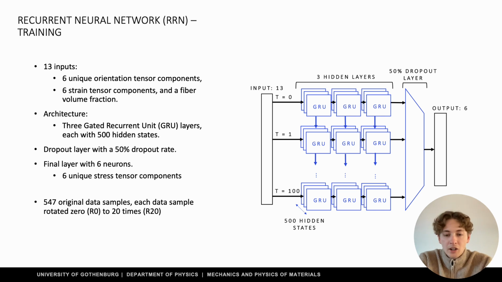Thereby our dataset is expanded 20 times, since each rotation is applied to each simulation, creating a diverse dataset and significantly enhancing the model's training. For more information on the training specifically, you can check out our previous video on RNN training, which also includes transfer learning. We won't be covering more of that today.